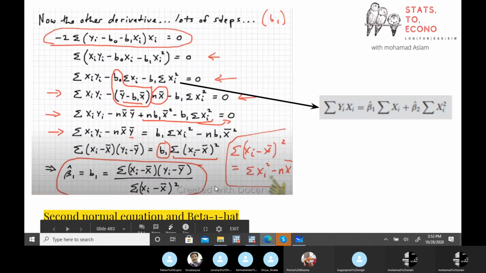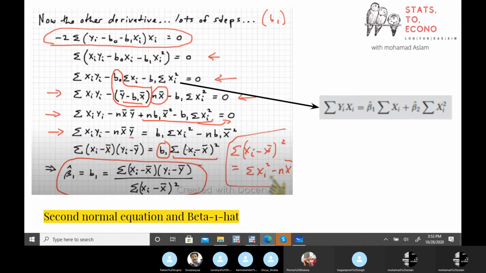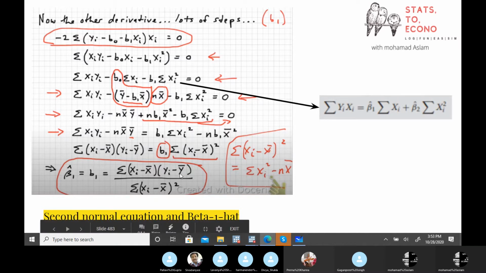So this value we can put here. Then this beta 1 is summation within a bracket xi minus x mean square, because this term is equal to this term. And this left hand term is equivalent to this particular term. So from here you can get this beta 1 or beta 2 hat. In our case, this is beta 2 hat equal to this particular term.